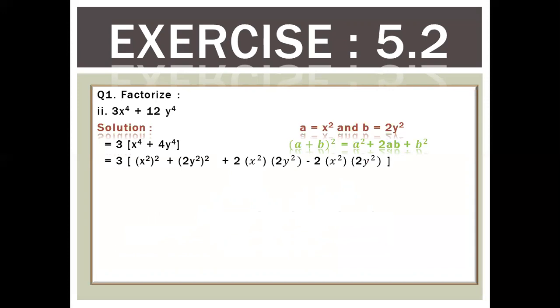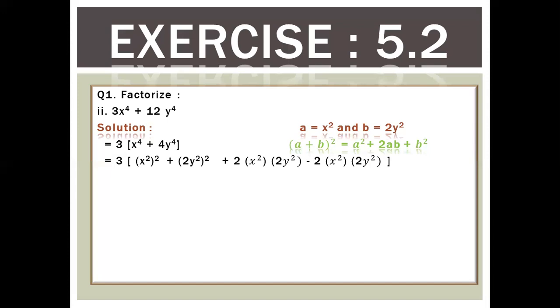Now clearly x4 is the square of x square and 4y4 is the square of 2y square. But we have three terms in our formula, a plus b whole square, a square plus 2ab plus b square, and you see that in the question, two terms are given. So to complete our formula, which term do we need? The middle term is missing.